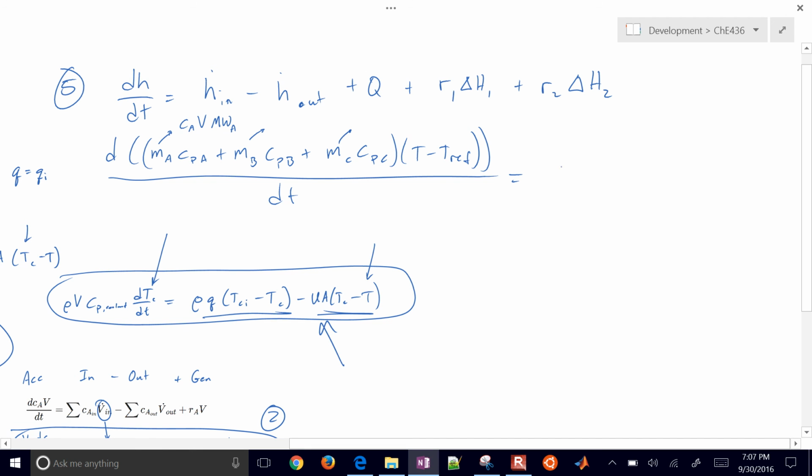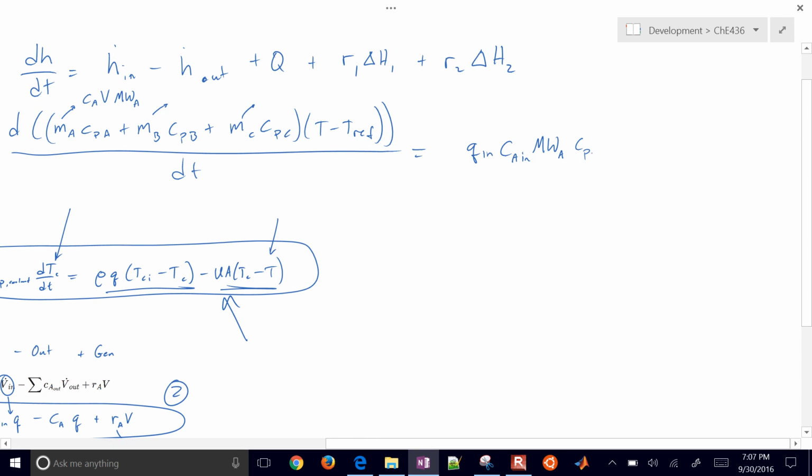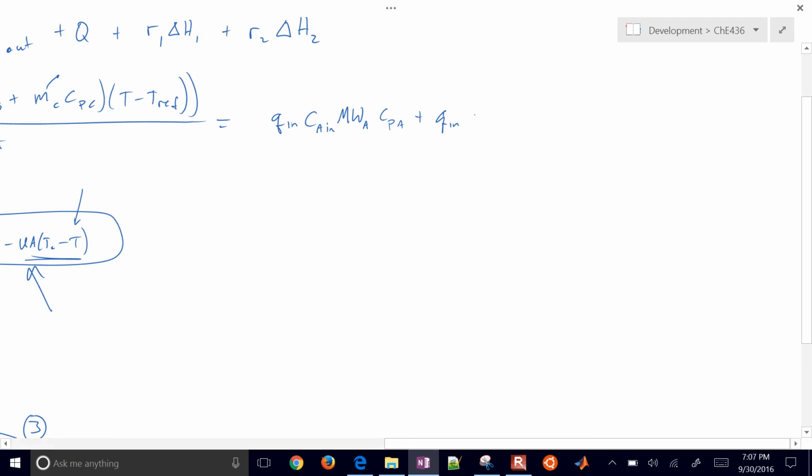So then we're going to have Q in times concentration A in times the molecular weight of A times the heat capacity of A, plus Q in times CB in times the molecular weight of B times C sub P of B. That's our B right there.